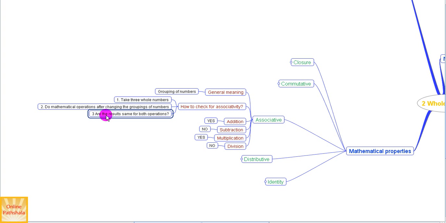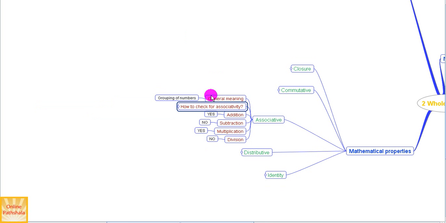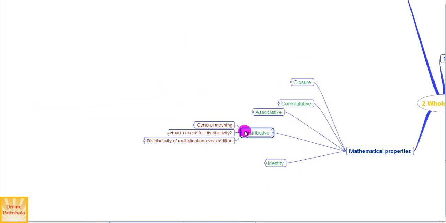If that is true for all such operations, we say that the particular operation is associative. Based on our examples, we understood that whole numbers are associative under addition and multiplication, but not under subtraction and division, which means that if we change the groupings of numbers when doing subtraction and division, we will get different results.